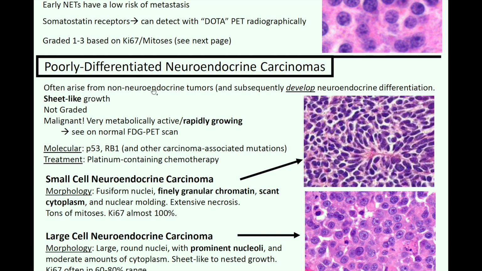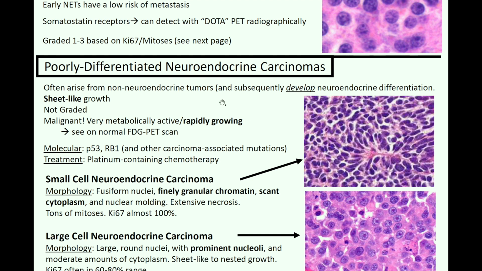As you would imagine, they would have a very high Ki67 expression, almost 100%. And you can see them on FDG PET scans. The molecular for a poorly differentiated neuroendocrine carcinoma is P53 or RB1 and other carcinoma-associated mutations. And then treatment is platinum-containing chemotherapies.